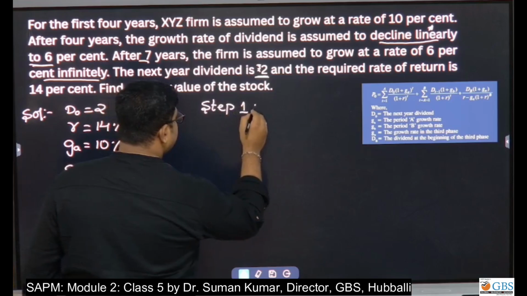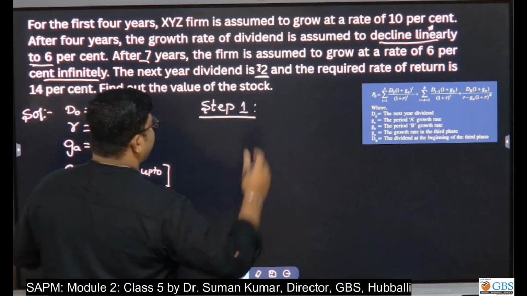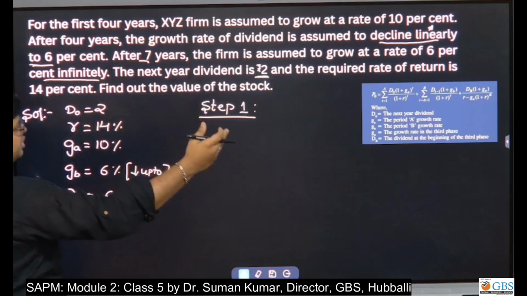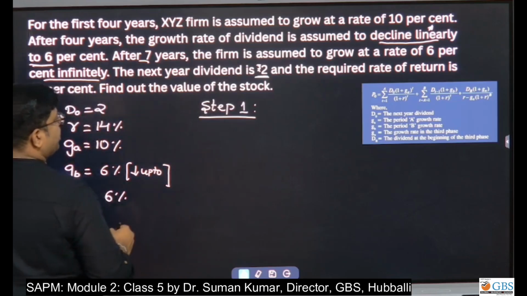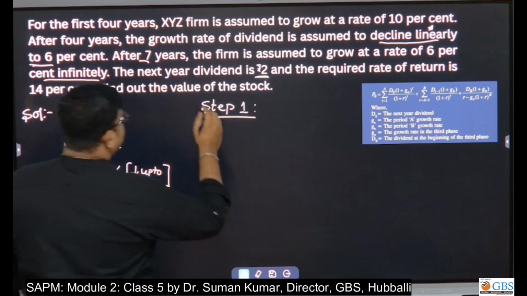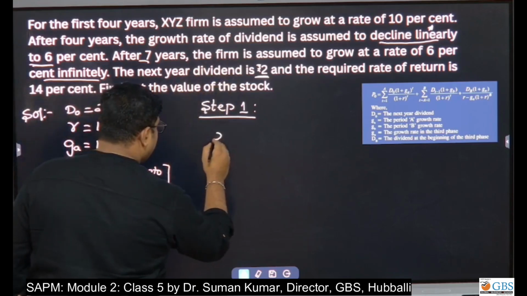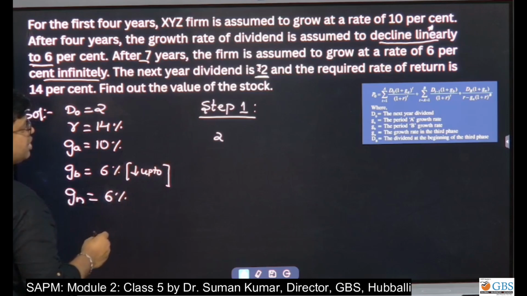In step 1, the first stage is the first 4 years. We need to be very careful. Here is the next year dividend, so there will be no growth for that. Directly the 2 rupees is the dividend, so we should not show any growth.